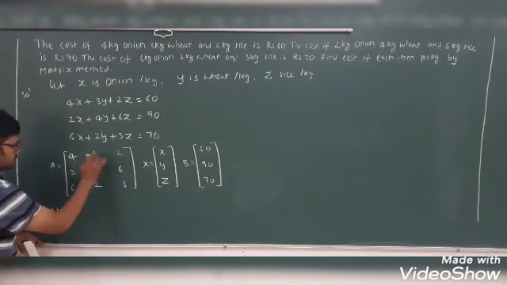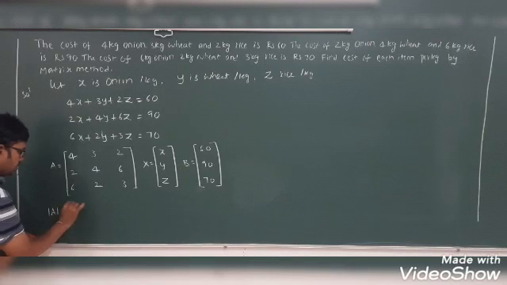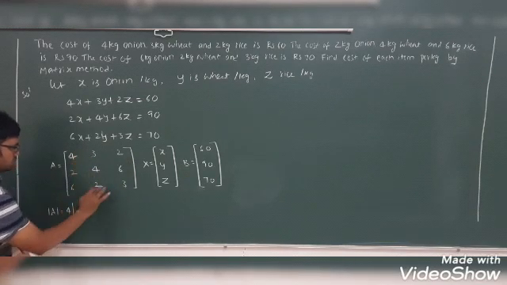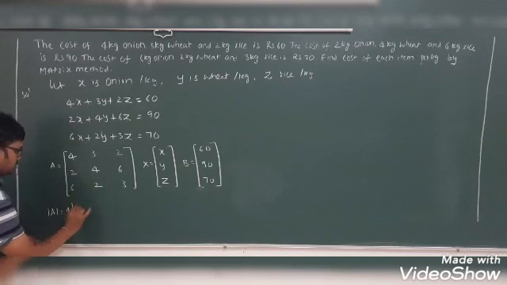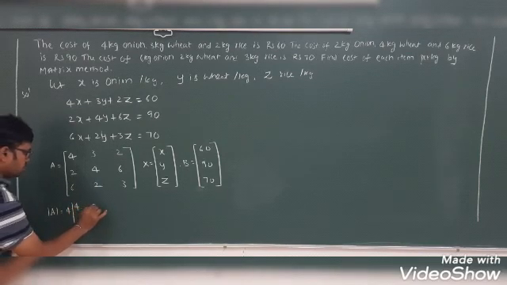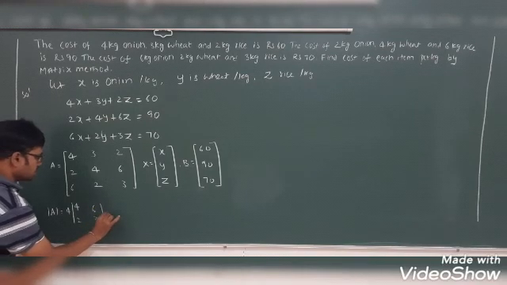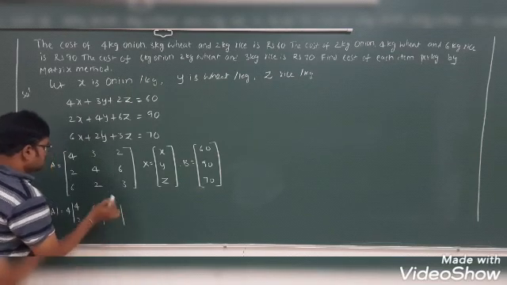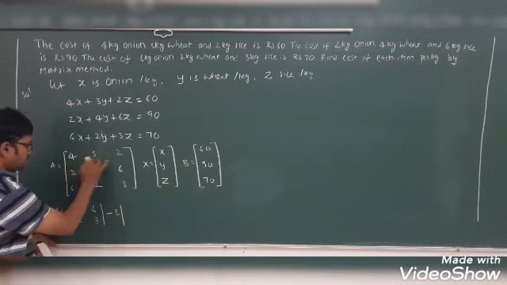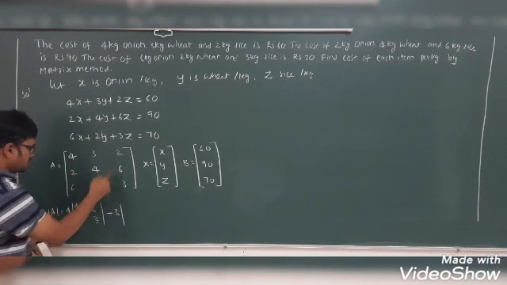See, suppress the row and column with respect to this element 4, then we get the value 4, 6, 2, 3. Next, minus 3 into, suppress this row and column, we get 2, 6, 6, 3.